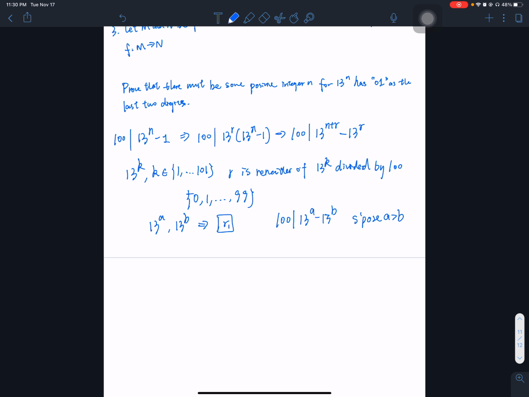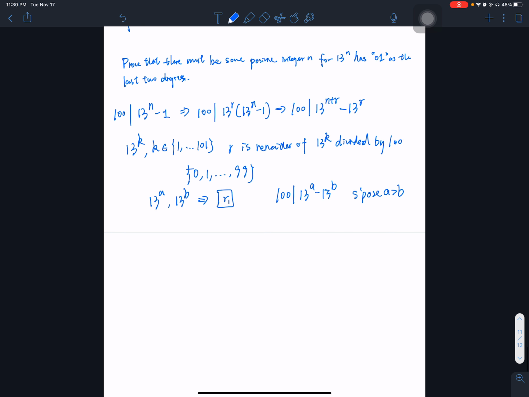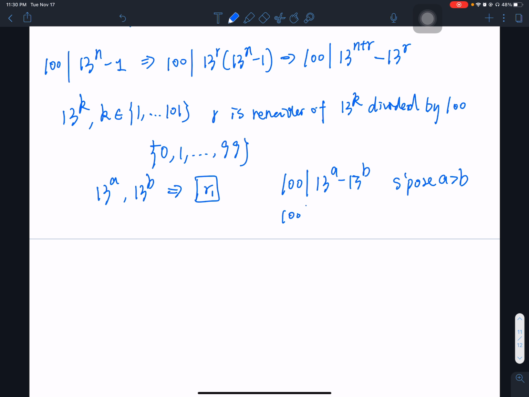Then we can do the same procedure as above. So 100 is a divisor of 13 to the b's power times 13 to the a minus b's power minus 1.